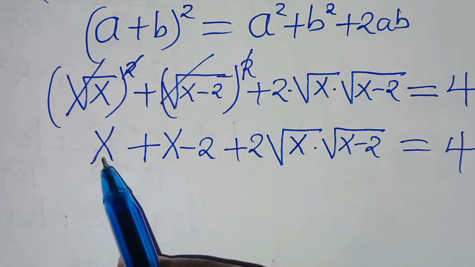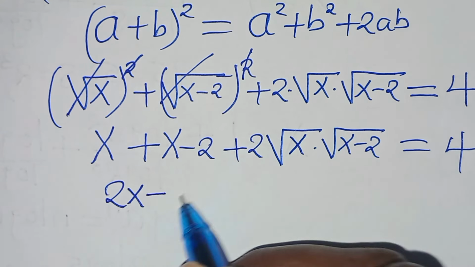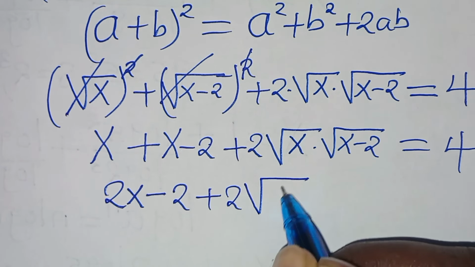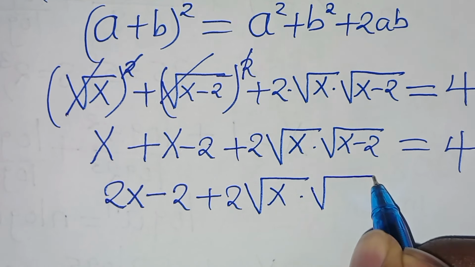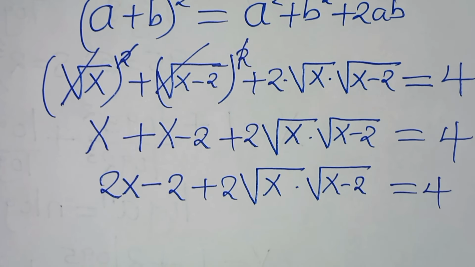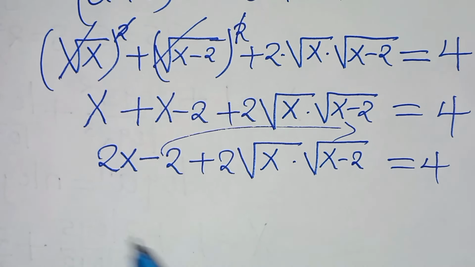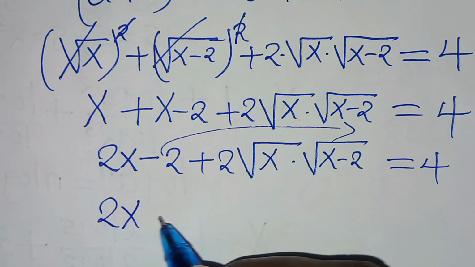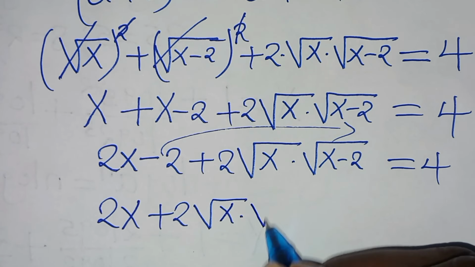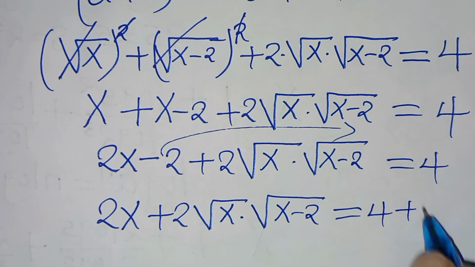The next step is that x plus x is equal to 2x, then minus 2, then plus 2 times the square root of x times the square root of x minus 2. This is equal to 4. Next, we take minus 2 to the right hand side, so that now we have 2x plus 2 square root of x times square root of x minus 2 equal to 4 plus 2.